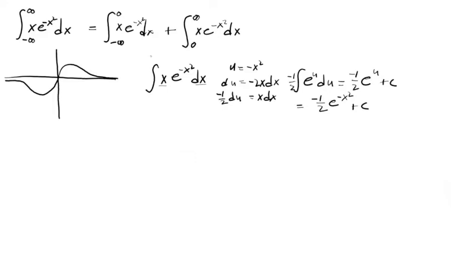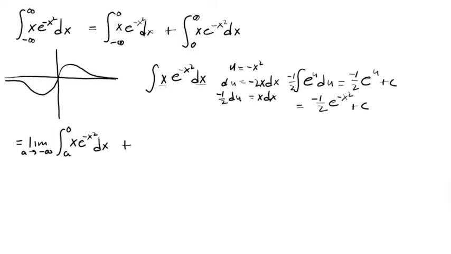Okay, because there's no need to actually go through that twice. It's the same function in both, so I can find the antiderivative first. Now when I put this together, I have to put together two limits. So I've got a lower bound, the limit as a goes to negative infinity of the antiderivative from a to 0 of x e to the negative x squared dx.